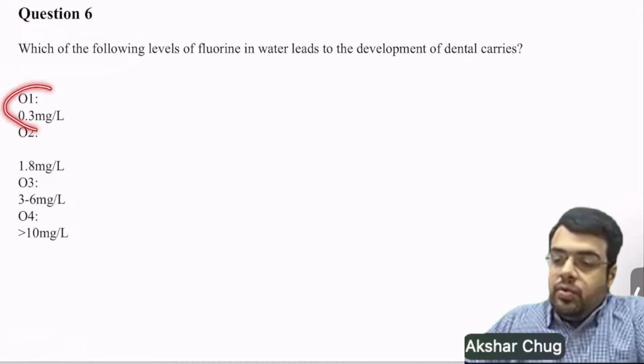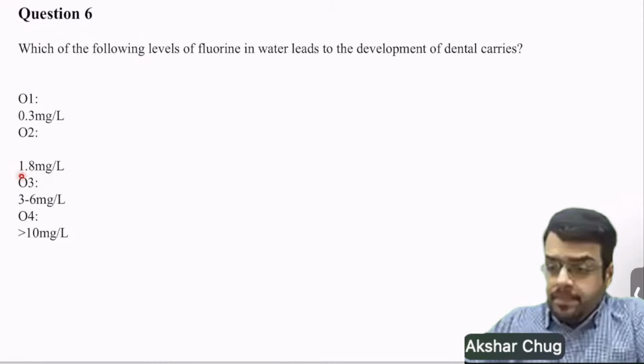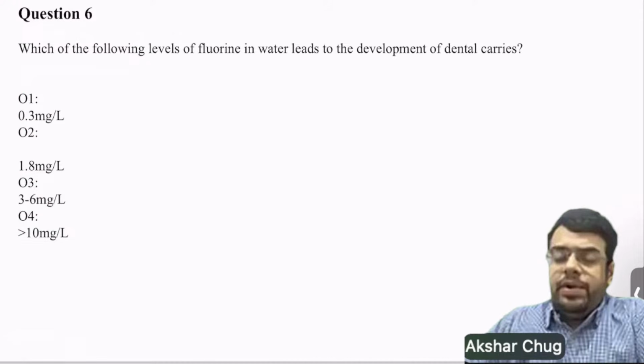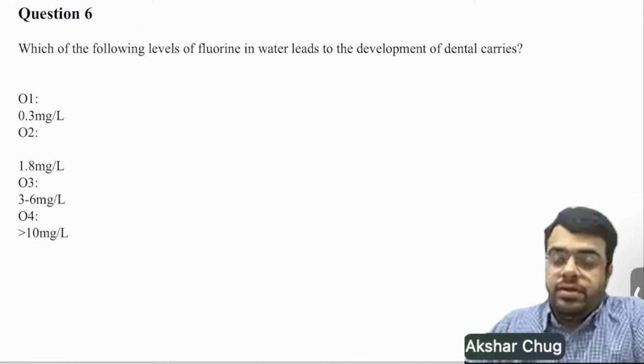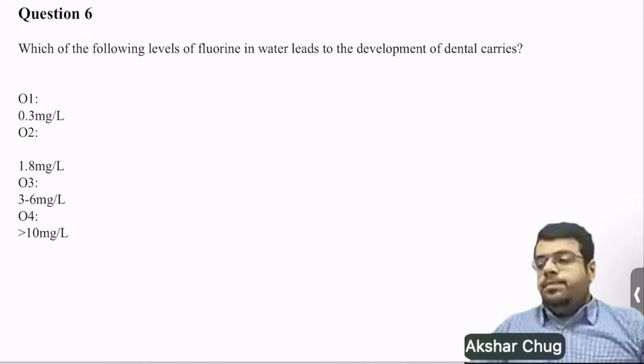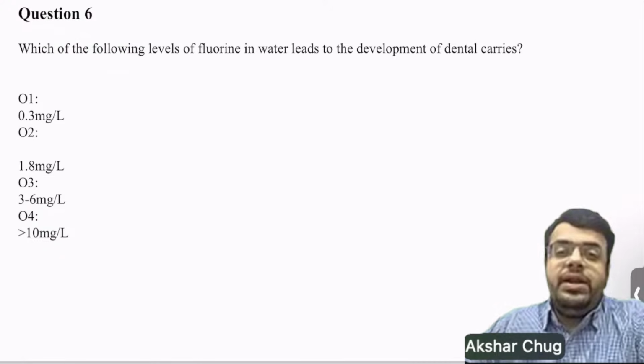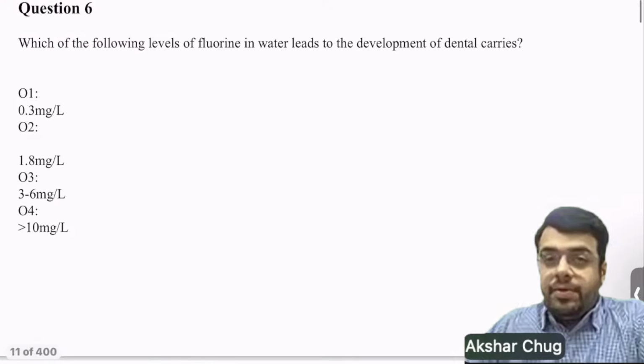So a low level of fluorine will lead to dental caries, whereas 1.8 will lead to dental fluorosis. 3 to 6 milligram will again lead to dental problems, whereas more than 10 will lead to skeletal problems.